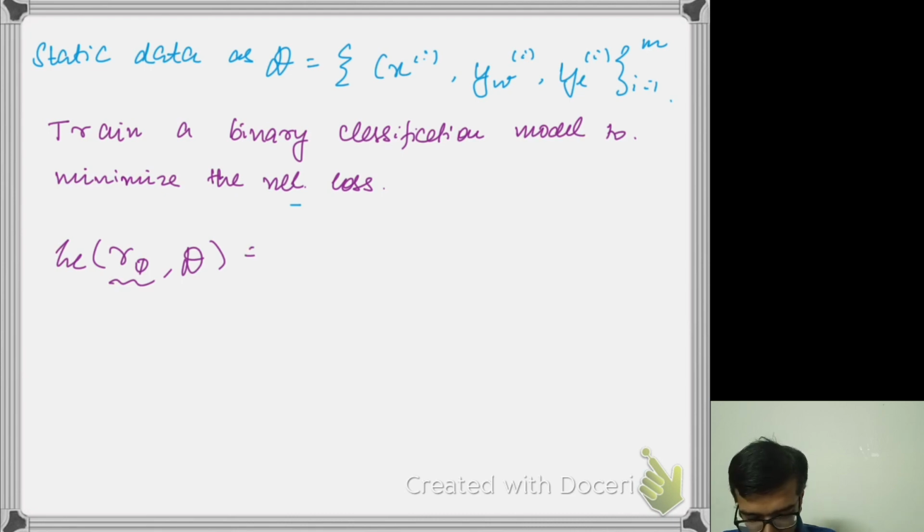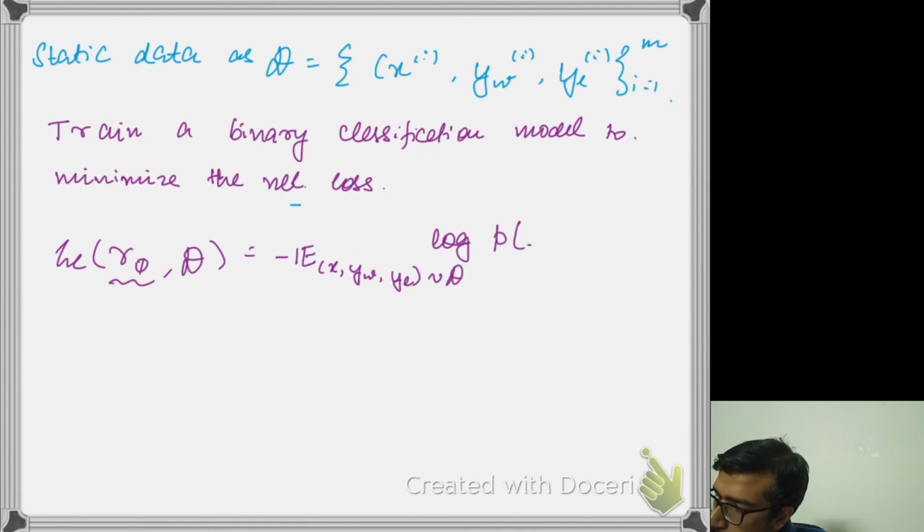And essentially, what we do is that we compute the negative log likelihood over all these examples which are sampled from our data, of log probability of yw is greater than yl given x parameterized by phi.